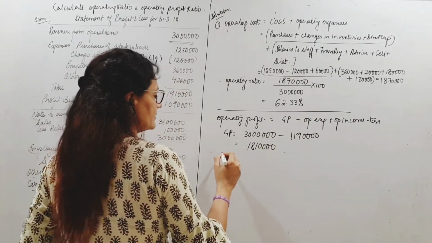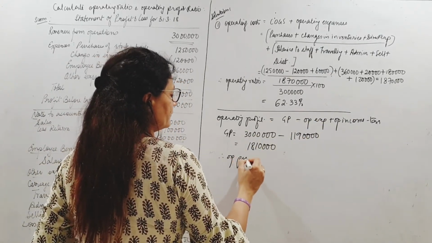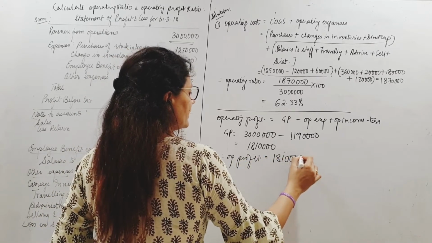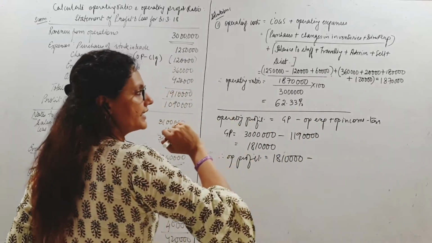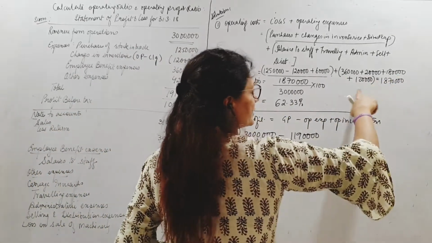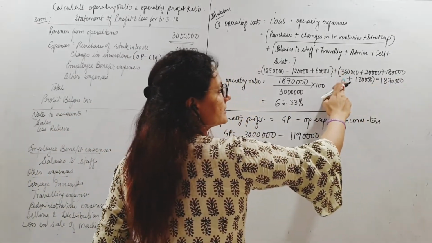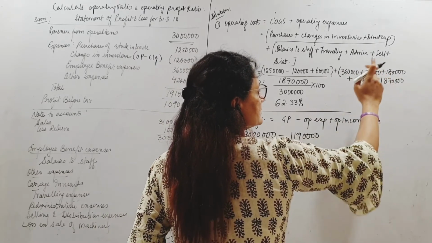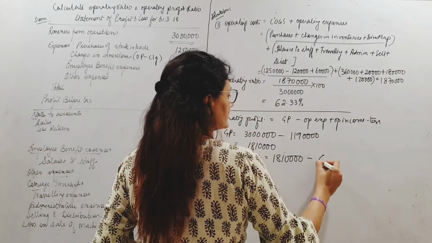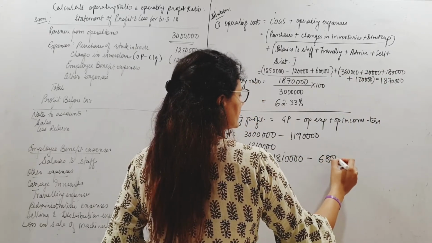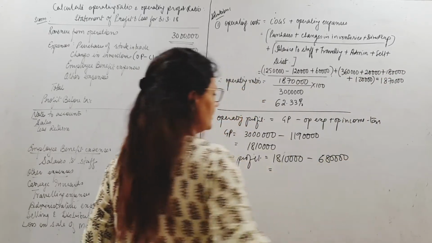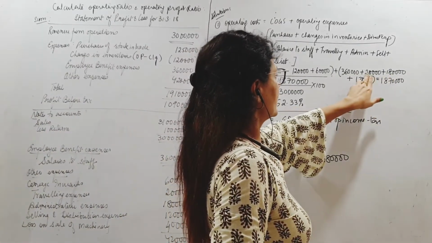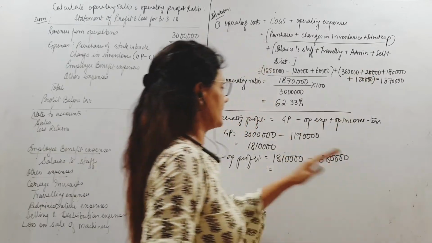Operating expenses, therefore operating profit I will be able to find out. So 18 lakh 10,000 minus all operating expenses taken together. Now I can also find it out from here: 3 lakh 60 plus 2 lakh 20, 1 lakh 80, 1 lakh 20, 6 lakh 80, yes.